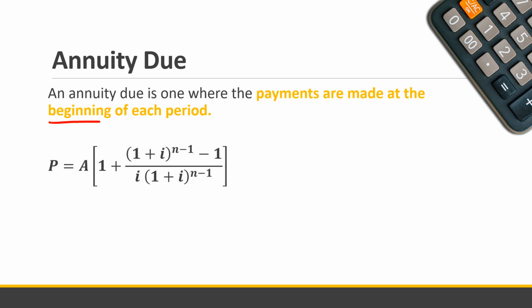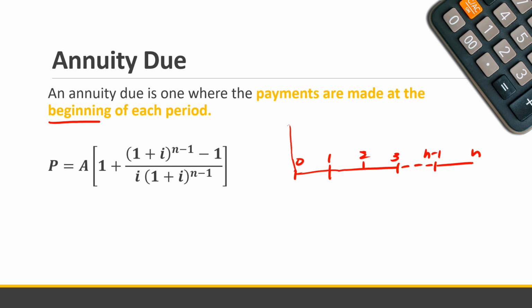So if you have n periods here, so 0, 1, 2, 3, n minus 1, n.